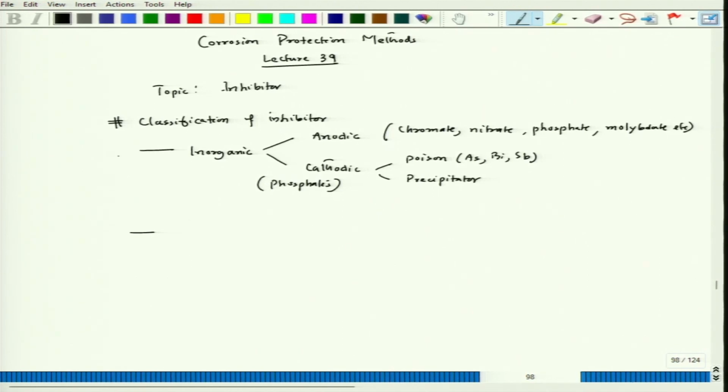Now there could be another variation, which is organic. Now in those organic, mostly they are film forming. And one of the sub variations of organic inhibitor is vapor phase inhibitor.